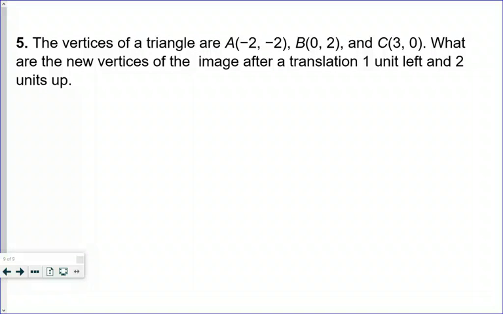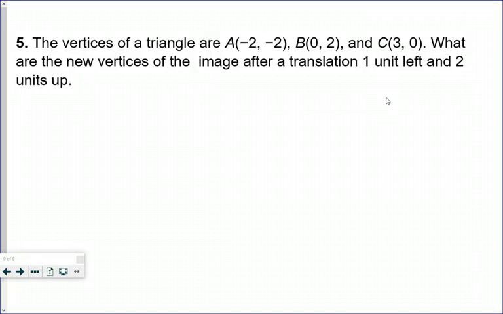The final thing we're going to look at is just taking coordinates and finding the new coordinates after it's been translated. So the vertices of a triangle are A (-2, -2), B (0, 2), and then C is (3, 0). What are the new vertices of the image after a translation of 1 unit left and 2 units up?